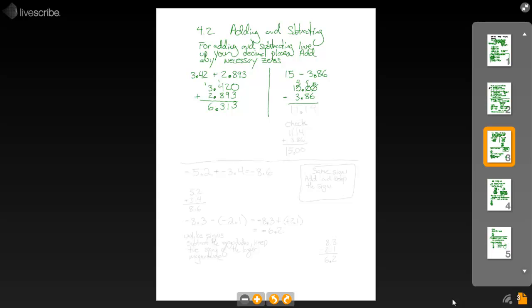Questions on borrowing? 10 minus 6 is 4. 9 minus 8 is 1. 14 minus 3 is 11, bring down the 1.